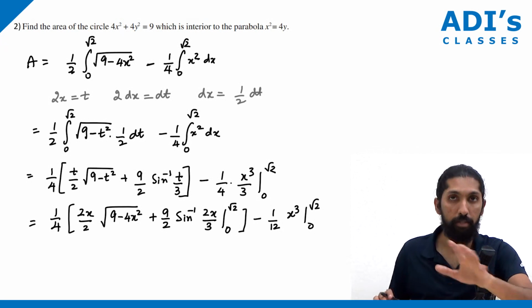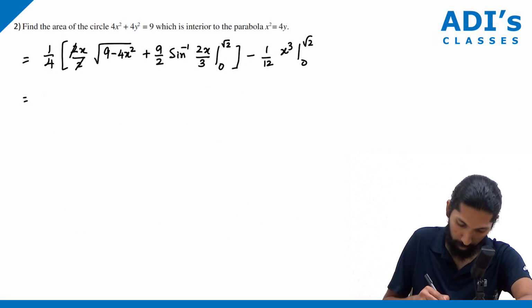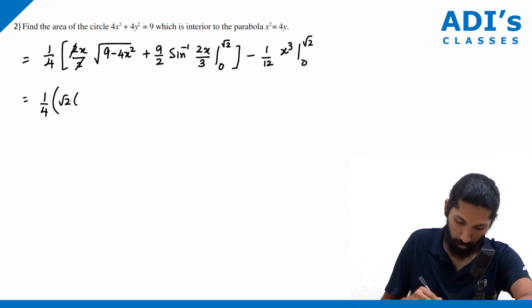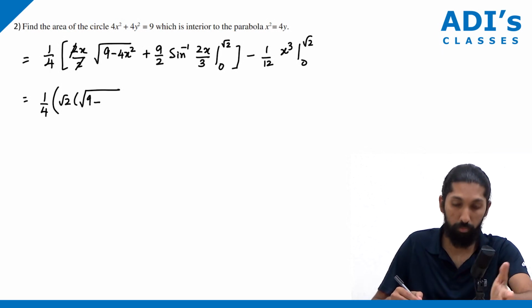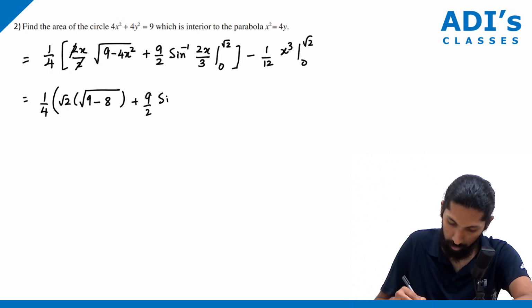Now we need to substitute. Here 2 and 2 cancel. You get 1 by 4 into, substituting root 2, root 2 into root of 9 minus 4 into 2, which is 8, plus 9 by 2 sine inverse of 2 root 2 by 3.